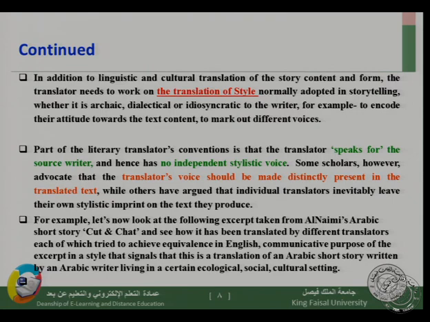So each story has its own independent stylistic features. Now, as a translator, you should be able to really speak for the source writer. In other words, can you use the voice of the writer in that short story?